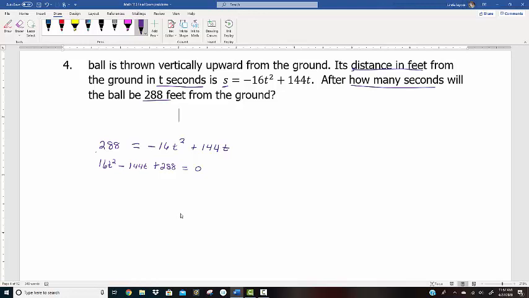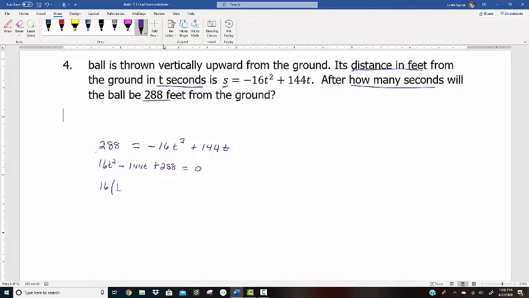Looking at these, they're huge numbers to be working with. The easiest thing to do is see if you can simplify this equation by taking out any common amount. After I checked, I can take 16 out of every single one of these. When I divide 16 out of every single term, I can simplify my equation, which is going to make it much easier to factor my problem.